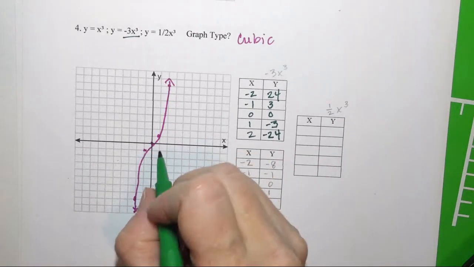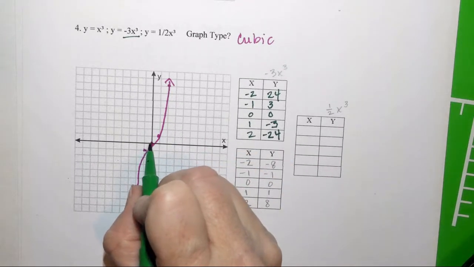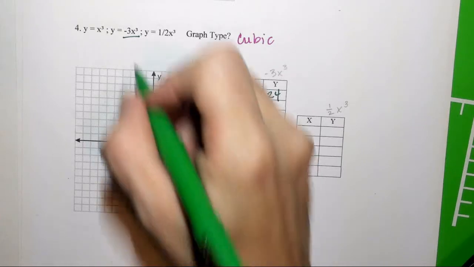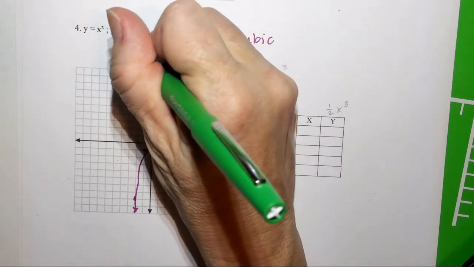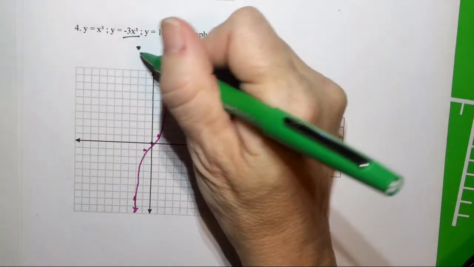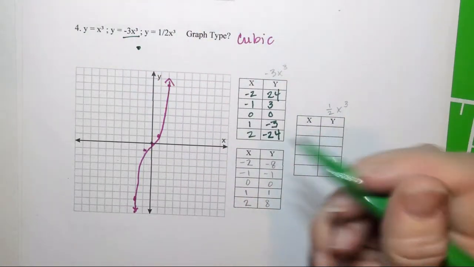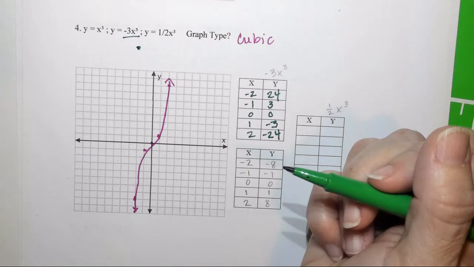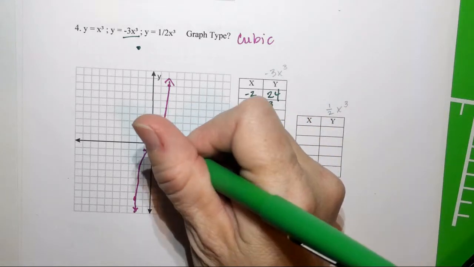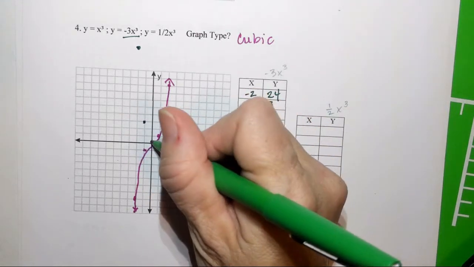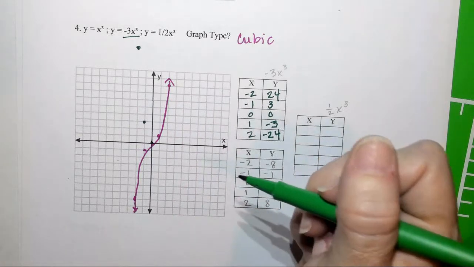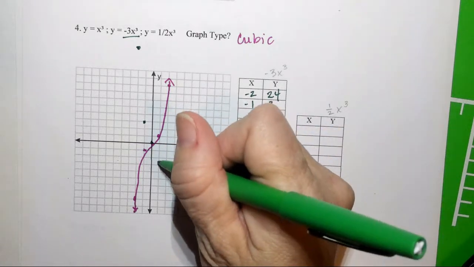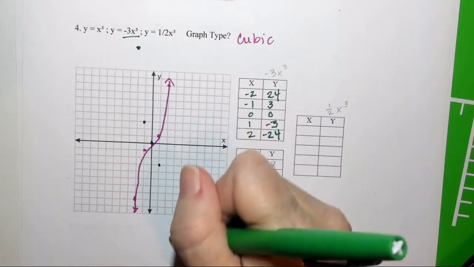We can do that. So let's graph these. 24 is going to be way up here, so let's just go ahead and make a dot off of our plane here. -1, 1, 2, 3, 0, 0, +1, -3, and 2, 24.